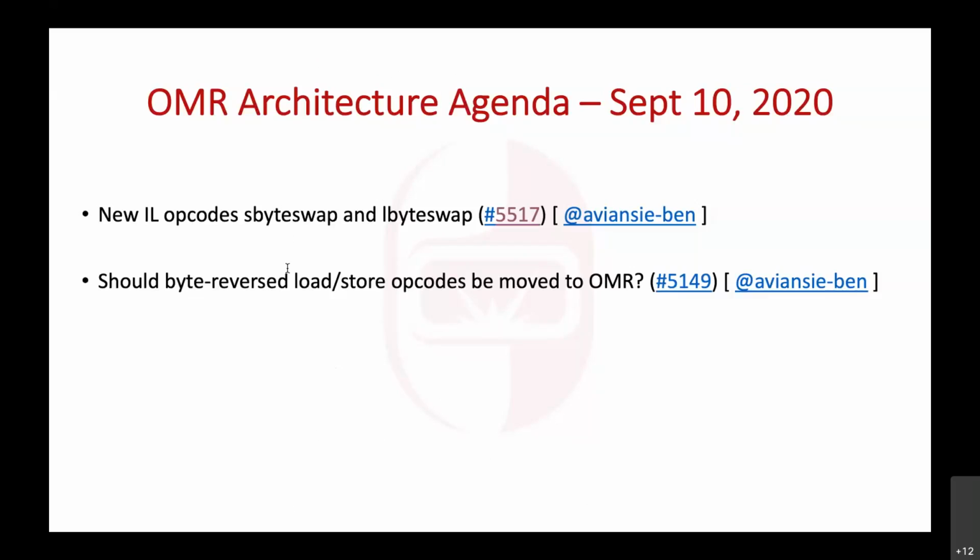Sorry, by pattern match in the code gen, you mean a byte swap with a normal load under it gets matched. Is that right? Yeah. So a byte swap with a normal load under it, or a store with a byte swap under it. I completely agree. I think we should have one or the other, not both.